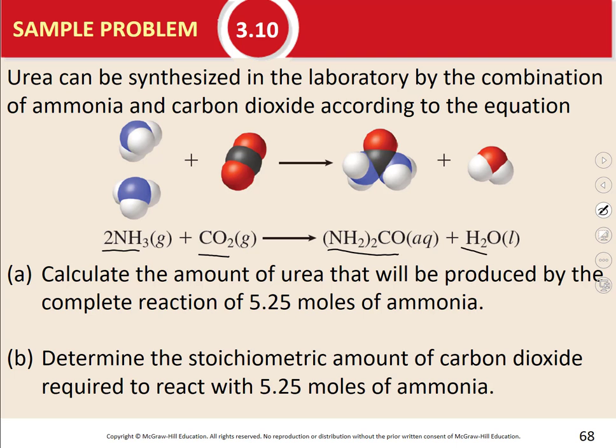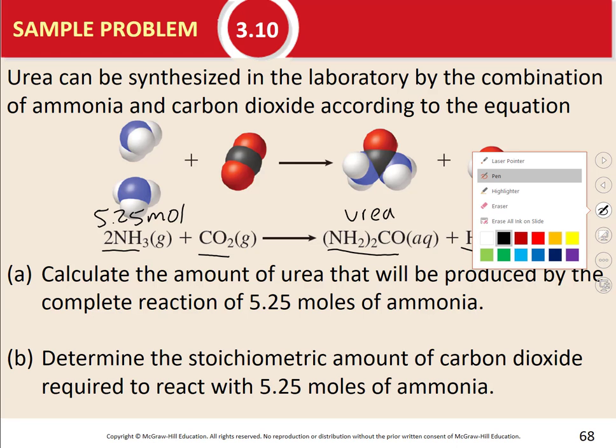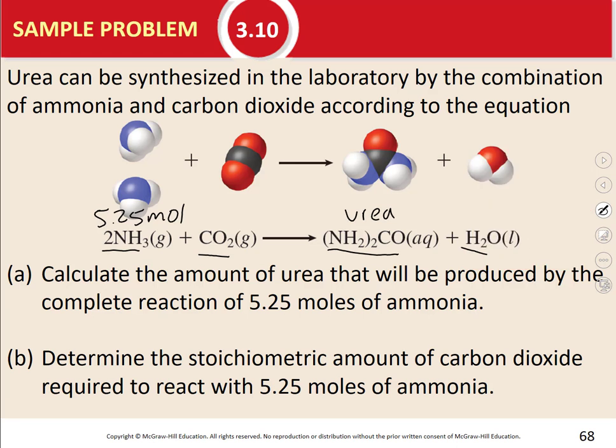So the first question says, calculate the amount of urea that will be produced by the complete reaction of 5.25 moles of ammonia. So I have 5.25 moles of NH3.